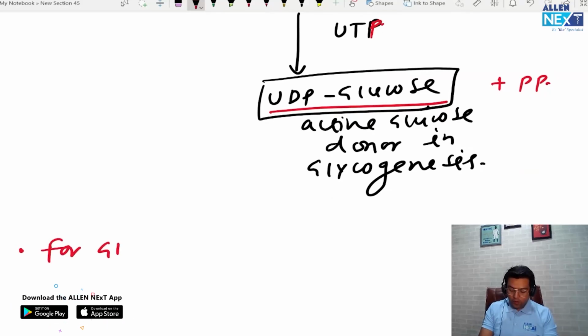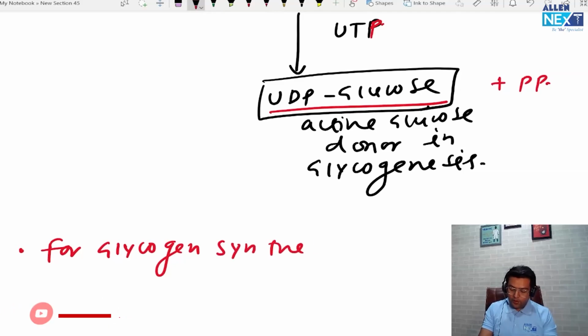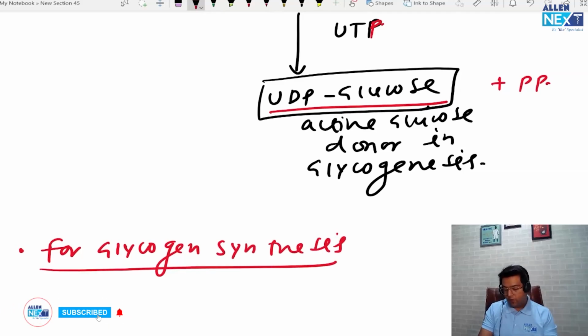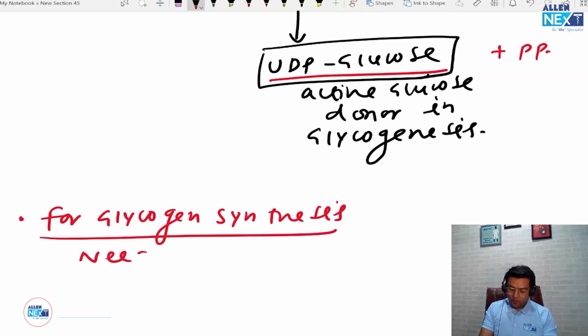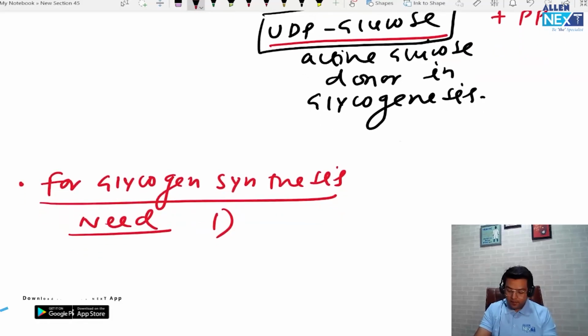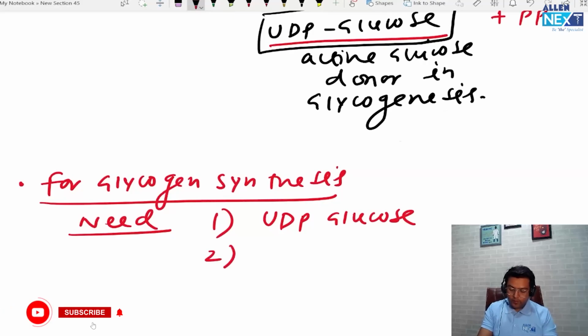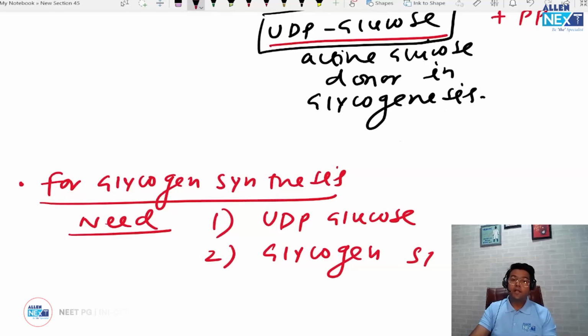For the glycogen synthesis, what do we need? Number one, first of all we need the UDP glucose, which is the donor of the glucose, which we have already made. Second, I want the rate limiting enzyme called glycogen synthase.